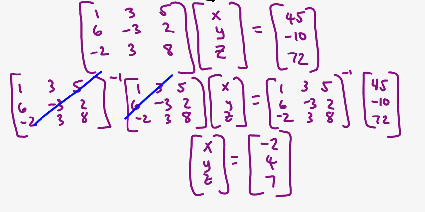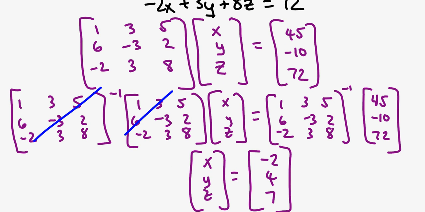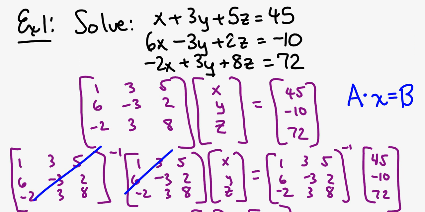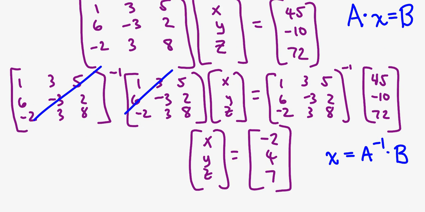So let's take a look at the deep structure. What is really happening here? This equation is of the form some matrix A times some matrix of variables is some other matrix B. So the matrix of variables is the inverse of A times B. If we can convert a system of equations into a matrix equation, we can solve that matrix equation.